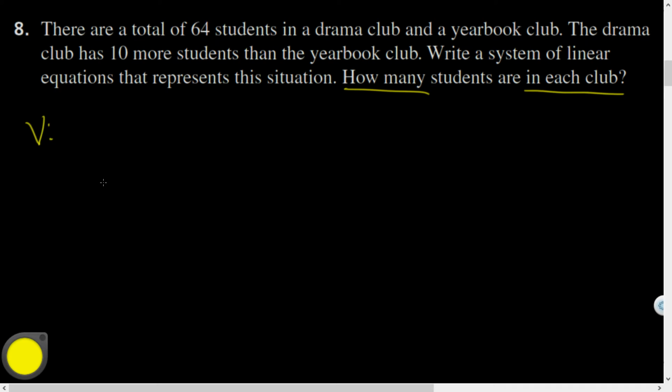What should x represent? How many in drama club? X equals the number of students in drama club.